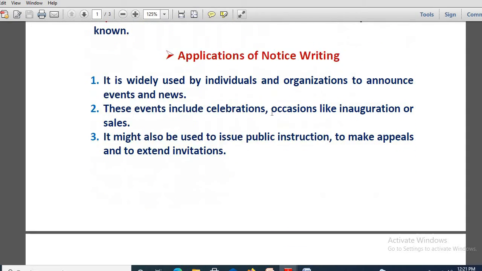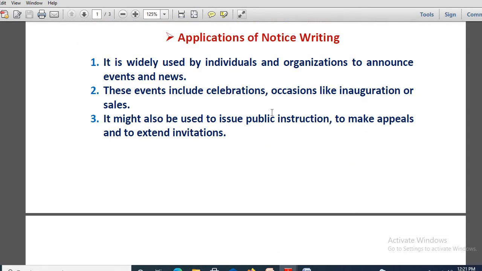Now, what are the applications of notice writing? This is something very important. It is widely used by individuals and organizations to announce events and news. These events include celebrations, occasions like inauguration or sales.